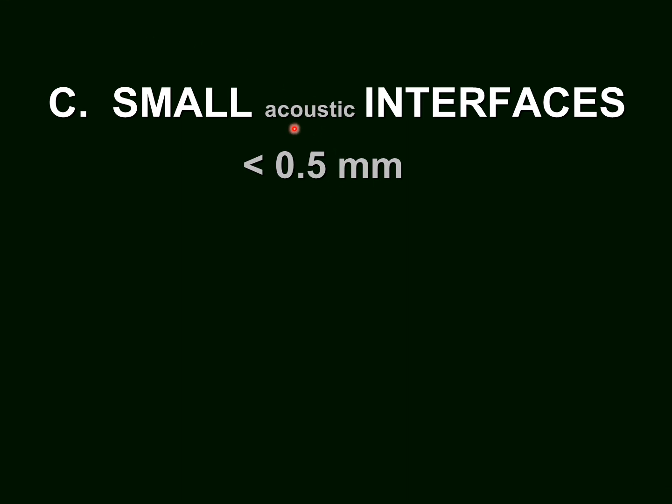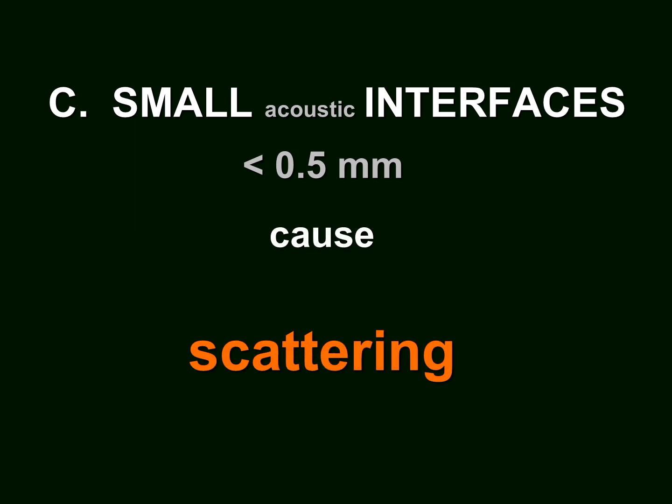And now the discussion of small acoustic interfaces. They are smaller than 0.5 millimeters. They cause scattering. And remember, the small size is not more than 3 times the wavelength when we use 8 megahertz.